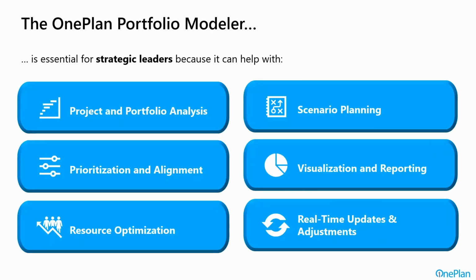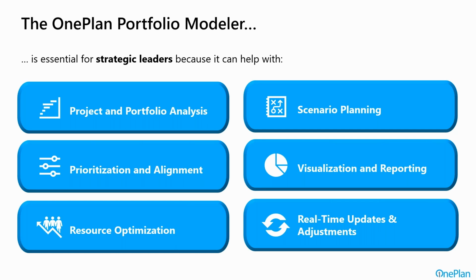OnePlan portfolio is essential for strategic leaders because it empowers them to conduct comprehensive project and portfolio analysis, ensuring informed decision making with advanced scenario planning and prioritization of capabilities. Leaders can align their initiatives with strategic goals while optimizing resources. It's a dynamic visualization as well. So if you're a visual type person, we have reporting tools to provide some clear insight, facilitate communication and transparency across different teams.